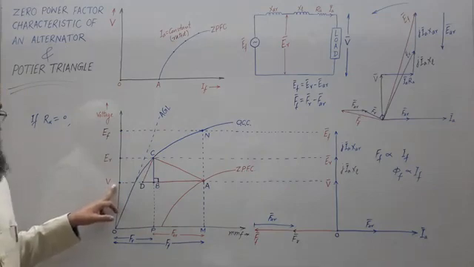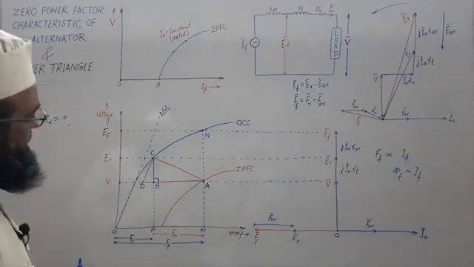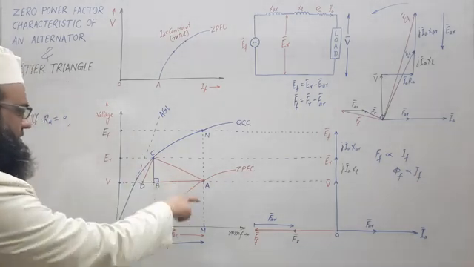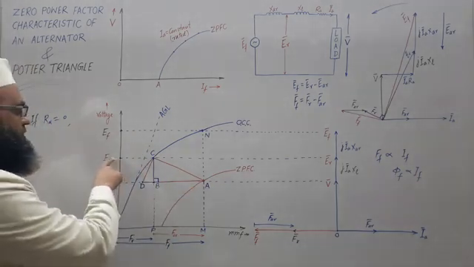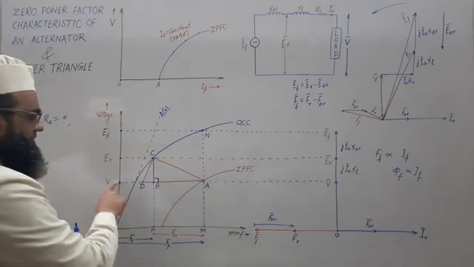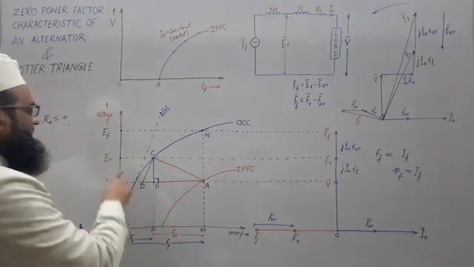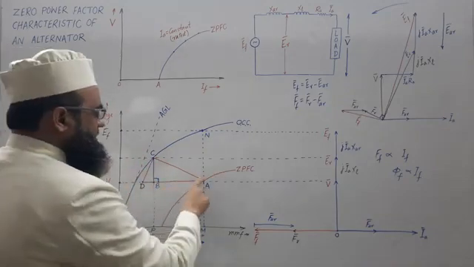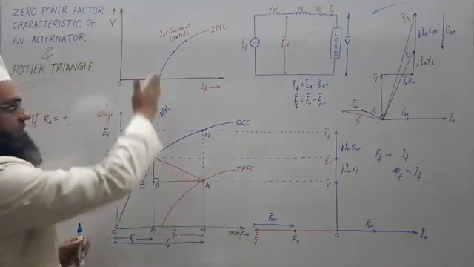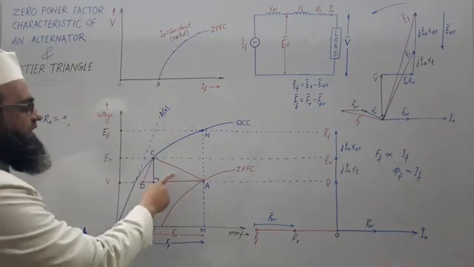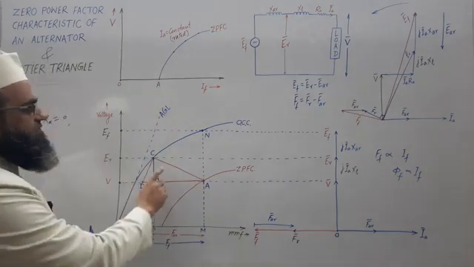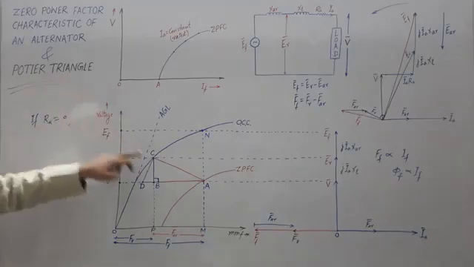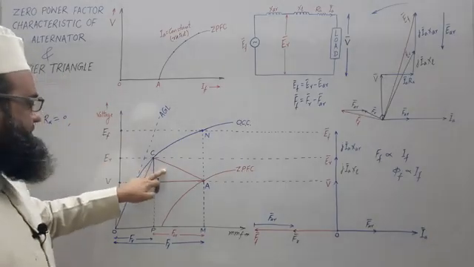So the corresponding triangle, corresponding to this ER line and V line, the horizontal line, where ER is meeting on OCC and V is meeting on ZPFC, the zero power factor characteristic, we are getting one triangle ABC, and this triangle is known as Potier triangle.